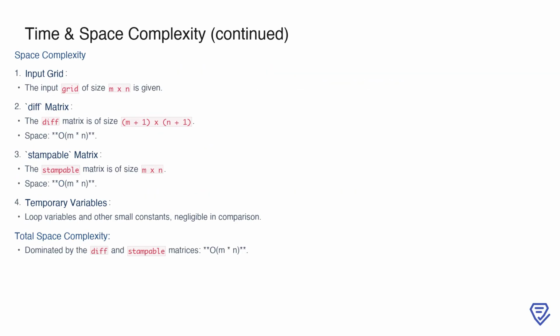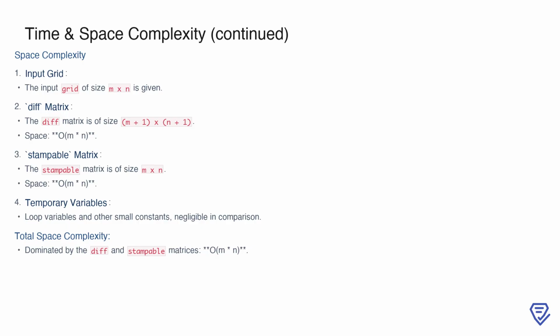Now, let's turn our attention to space complexity. The input grid, which is provided as part of the problem, has a size of m x n. In addition to this, we use a diff matrix of size (m + 1) x (n + 1) to track the differences for propagating prefix sums, which contributes O(m * n) to the space complexity. We also maintain a stampable matrix to store positions in the grid where the stamp can be placed.